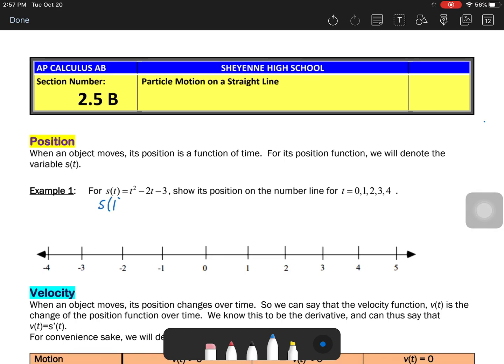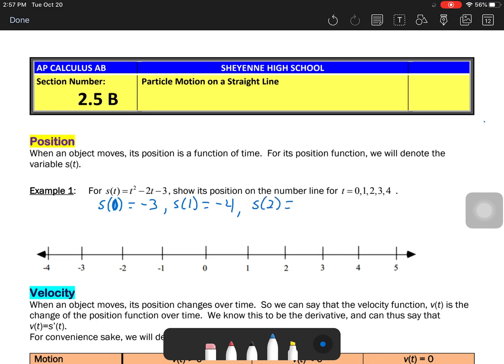So we're going to find S of 1, and we're just going to plug the 1 in there. Or actually, let's start with 0. S of 0 is pretty easy to do. If we put in 0, we just get -3. S of 1, I've already got this loaded in my calculator, is -4. I know you can plug these in, so we don't need to do the calculations together.